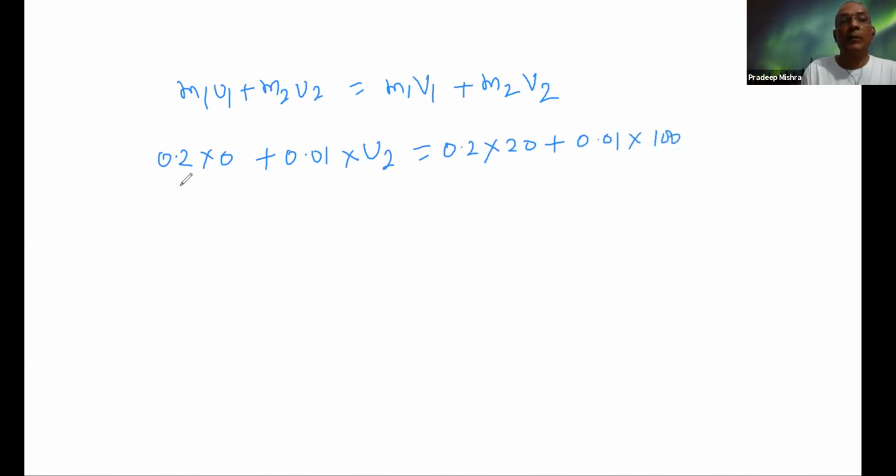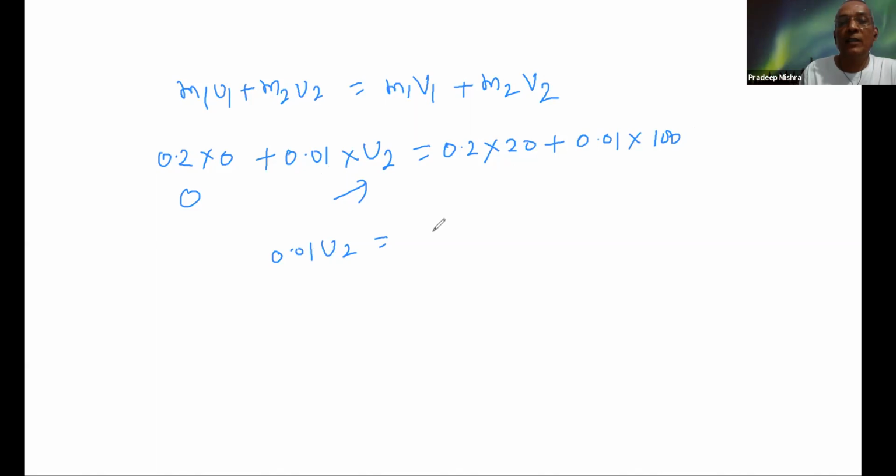This part is 0, so I get 0.01 u2, which is basically the velocity of the bullet when it is starting, equal to 0.2 into 20 plus 0.01 into 100. If I multiply by 100 on both sides, the 0.01 will go.